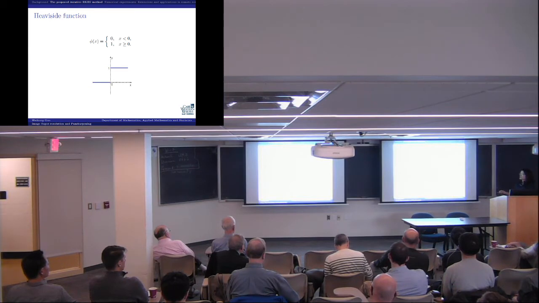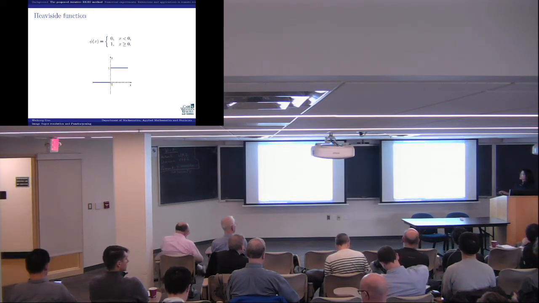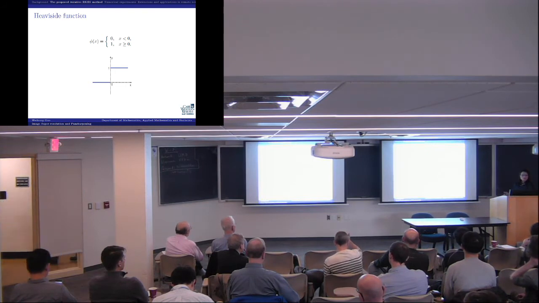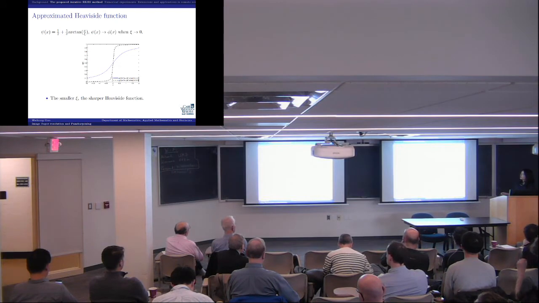It's like a switch: you turn it on at time t equal to 0, and you have a jump at t equal to 0. For a 1D signal, this gives you a jump. If you have a piecewise constant signal, you do want to preserve this kind of jump. For 2D images, we would have two-dimensional jumps. So we're going to augment this one-dimensional Heaviside function to represent jumps, edges in two-dimensional images.